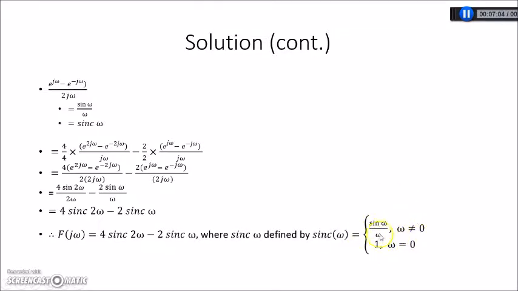This is important because when omega is 0, sine omega over omega is undefined, and sinc is defined as 1 at omega equals 0. So this concludes the mathematical part of the solution, and now I shall move on to how we plot the graph in MATLAB.